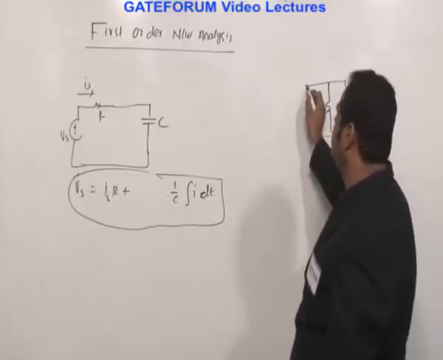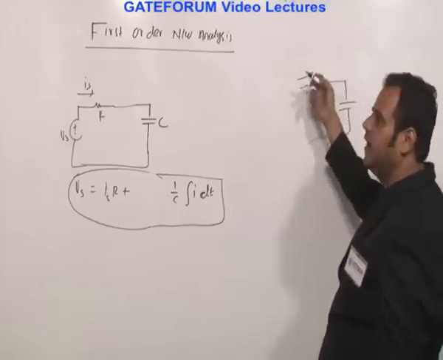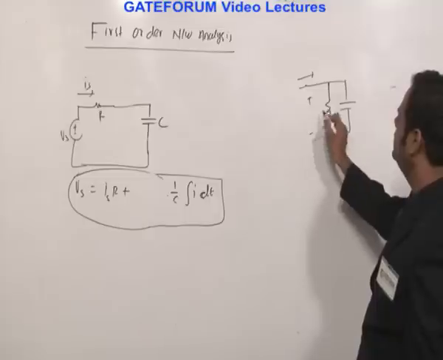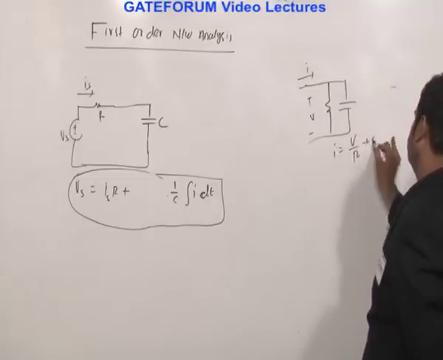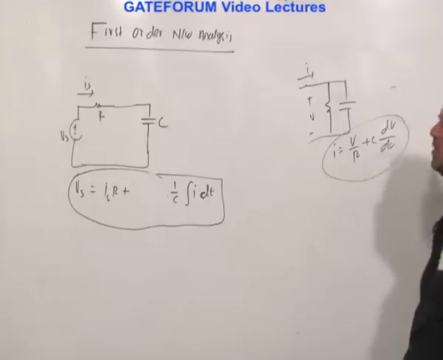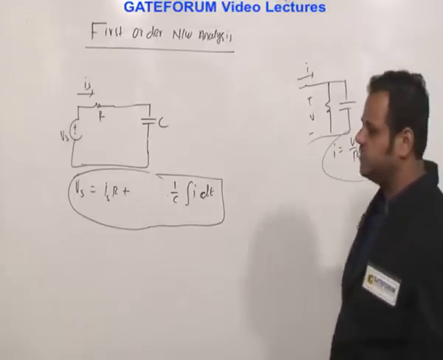If I am connecting something like a current source and all, you can see that the current equation, if I write it, will again be a first order network. Because if I say the voltage is V and this is I, then I equals V by R plus C into dV by dt, and you can see that this equation is again first order. You take the RL parallel also, you'll again end up with the same first order network. You'll never get second, third order like this.